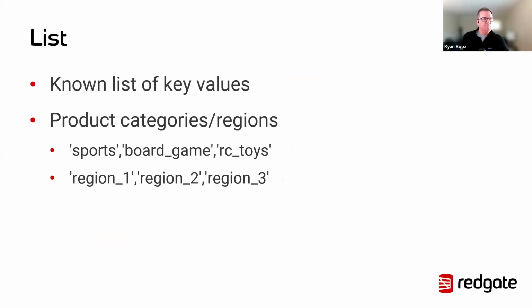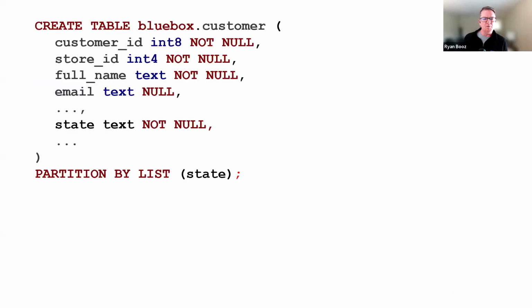A list partition table is just that. It's an actual identified list of values that will be sent to a particular partition. So, it can be useful for categories of, if you sell stuff in a store, maybe it's categories, and that's helpful for some reason. Maybe it's by region or divisions within a company or within a country. An example might be if I have customers and I have billions of customers for my store.